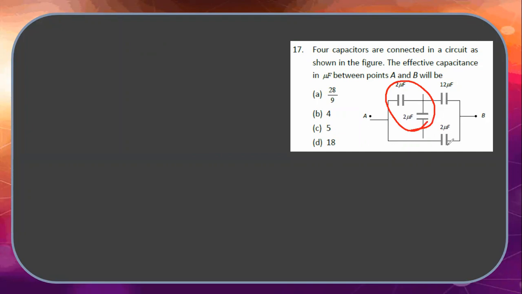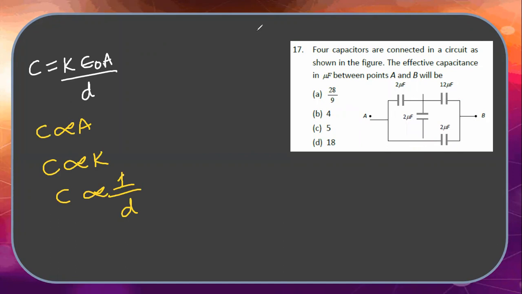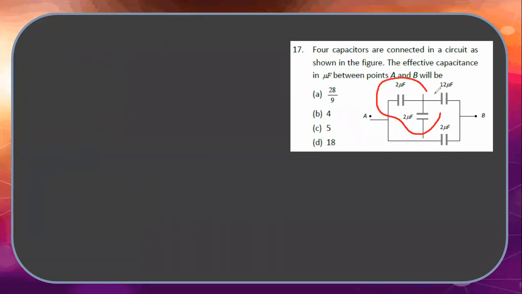These two are in parallel, and for that one it is series. See how I'll redraw the diagram. I will draw this in parallel combination. On redrawing, let us suppose this is AB.